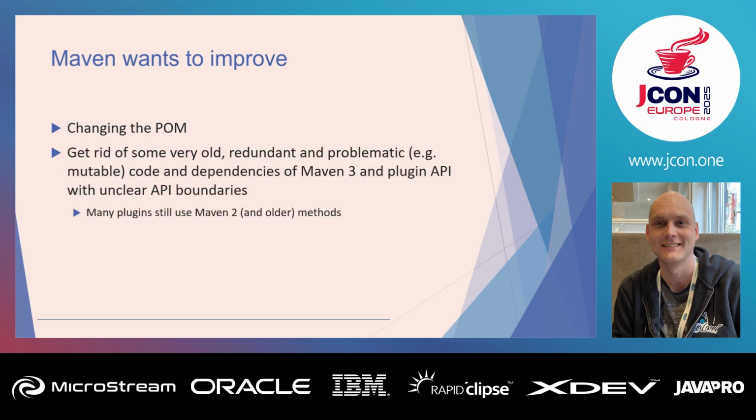And Maven wants to update its internal core because there are many problems, especially with the plugin API, which in the past had no fixed boundaries, let's say it this way. So many plugin developers use functions and variables that were designed for internal use by Maven itself, but are not behind a border or boundary, and are exposed to the public.